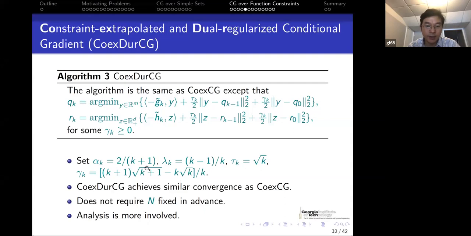In this way, we can show that this CoexDurCG achieves similar convergence as CoexCG. And we don't need to fix capital N in advance, but the analysis is a little bit more involved than the basic version of CoexCG.